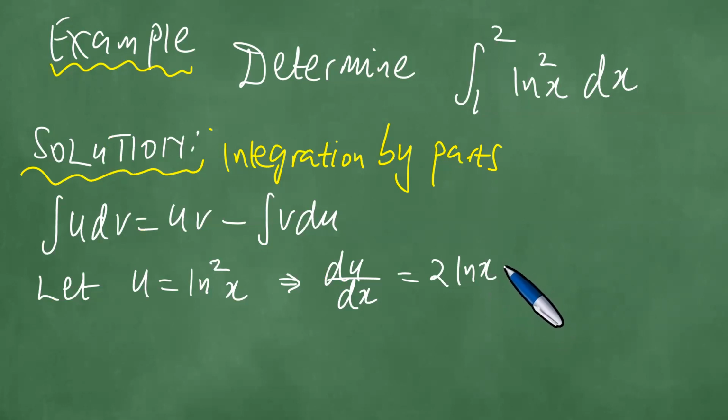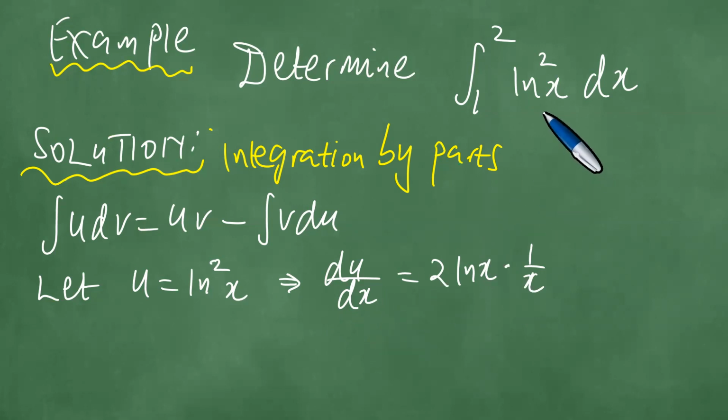Then you multiply by the derivative of ln x, which is 1 over x.